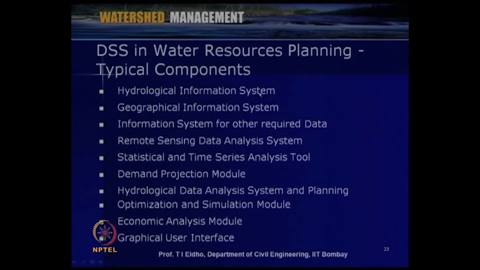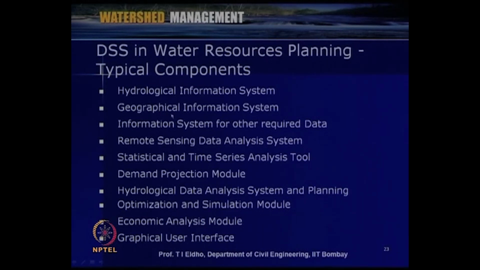Like hydrological information systems, geographic information systems, then information system for other required data, then remote sensing data analysis systems, then statistical and time series analysis tool, demand projection module, hydrologic data analysis system and planning, optimization and simulation module, economic analysis module, graphical user interface.